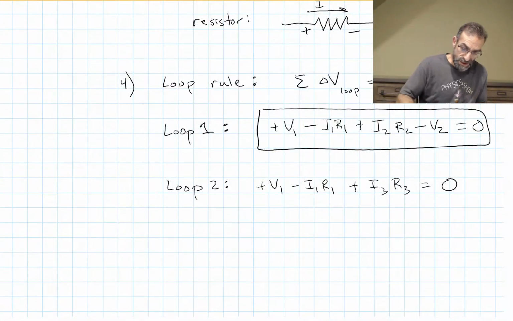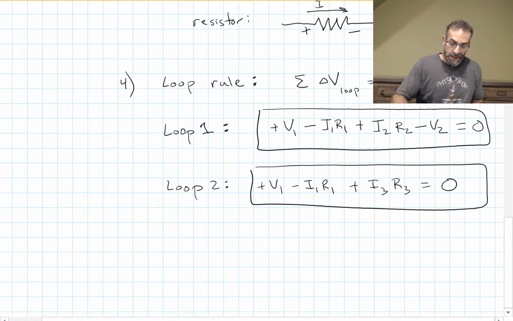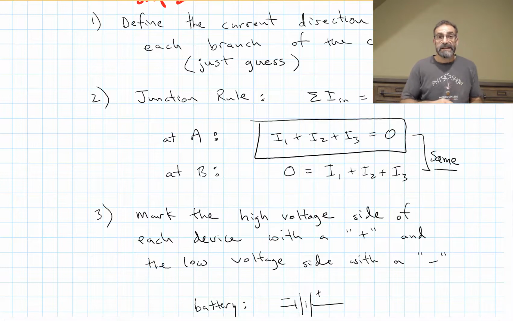So here are two equations, loop 1 and loop 2, and a junction. It gives me equation 3. So I have 3 equations. I can solve for 3 unknowns. In this case, it's I1, I2, and I3.